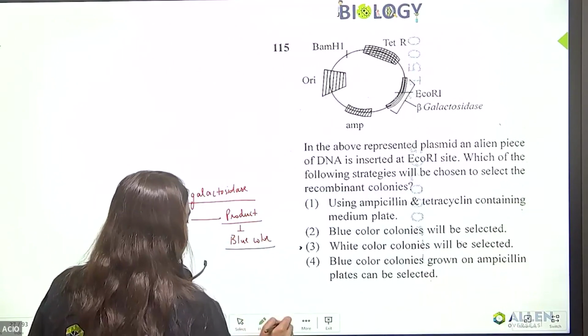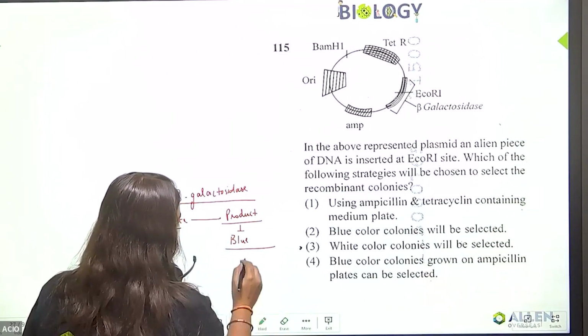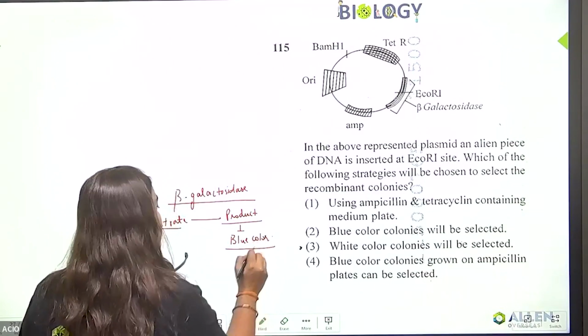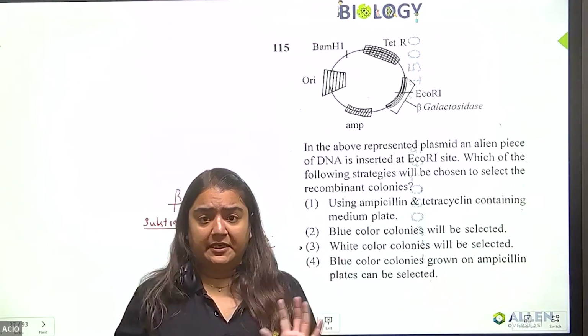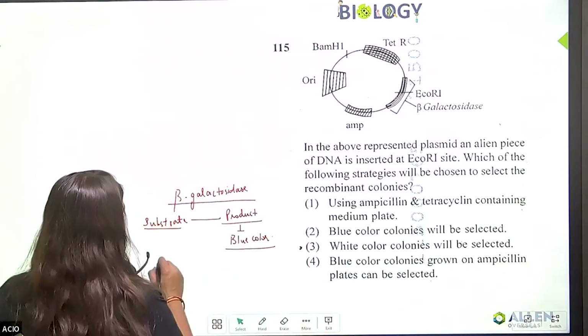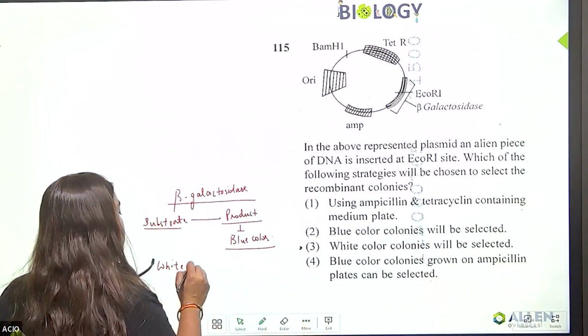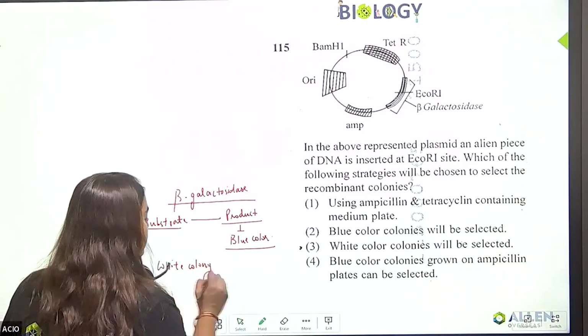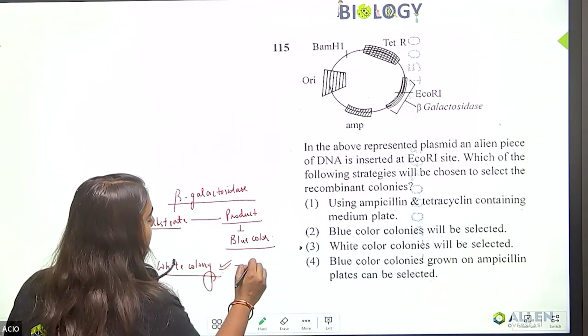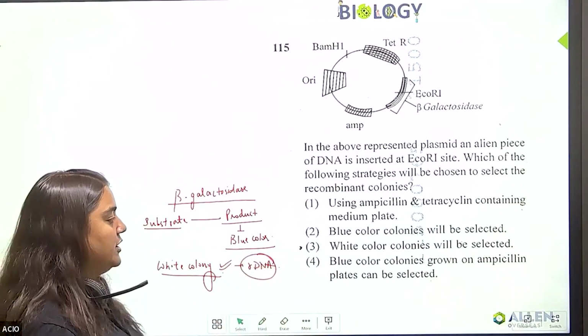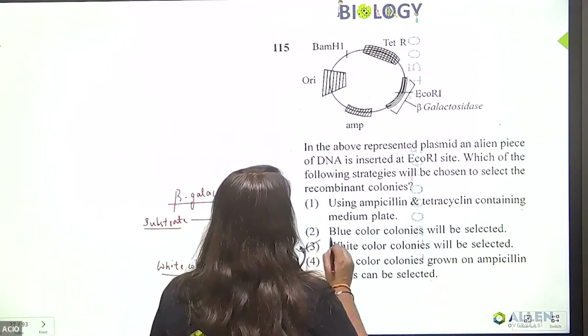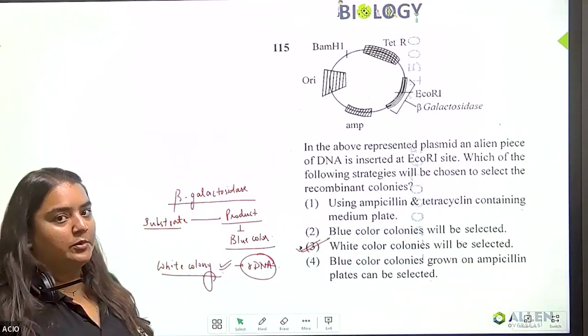And if the colonies are blue, that means the plasmid does not have our insert. It's not an rDNA. But if I'm going to get white colonies, that means for sure it has my rDNA, my gene of interest. So which type of colonies are you going to obtain? Of course, you are going to obtain white color colonies, not blue color colonies.